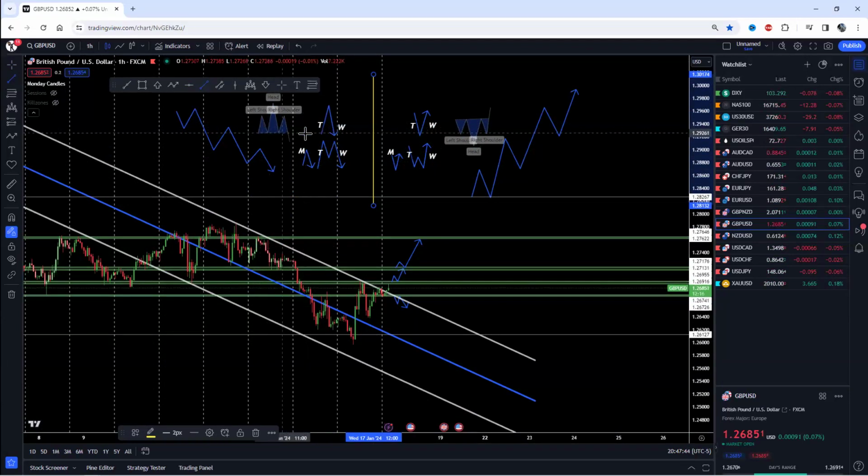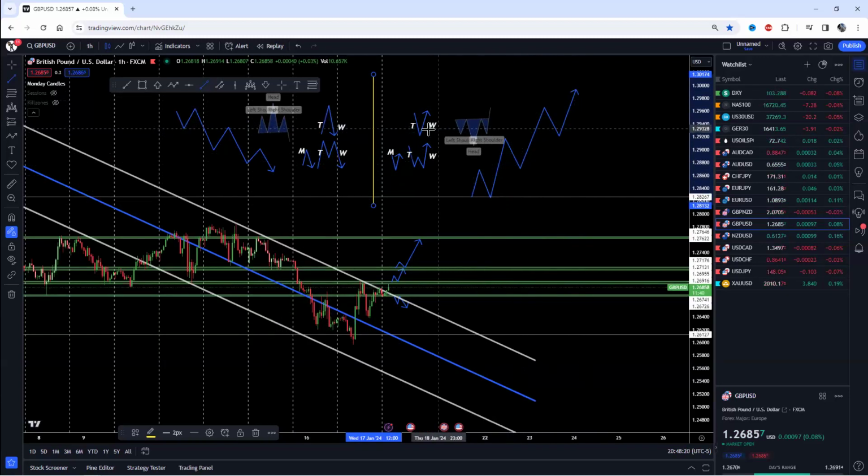Monday, left shoulder. Tuesday, left side of the head. Wednesday, right side of the head. Thursday, right shoulder completion. If you see that the market did not come all the way down on Wednesday to where it started on Monday, if it doesn't give you 100%, if your big A doesn't look like a big A and it looks like one side of an A and halfway down, well, it's about to continue up.